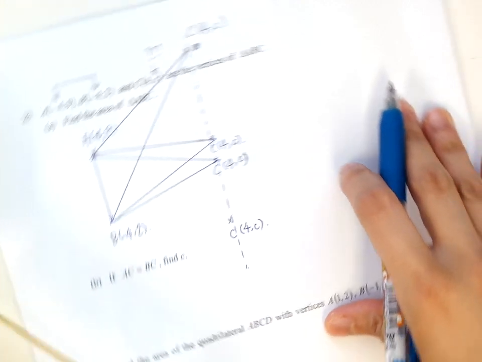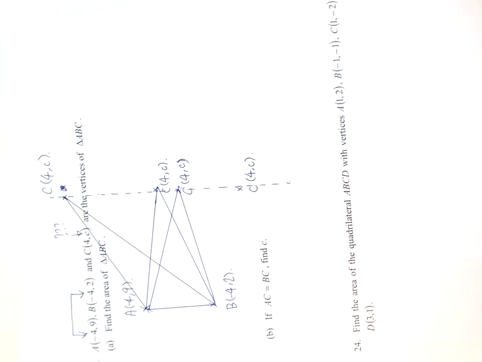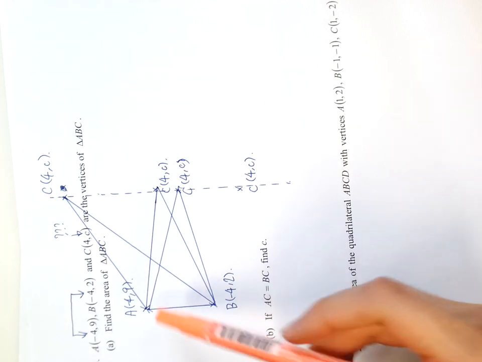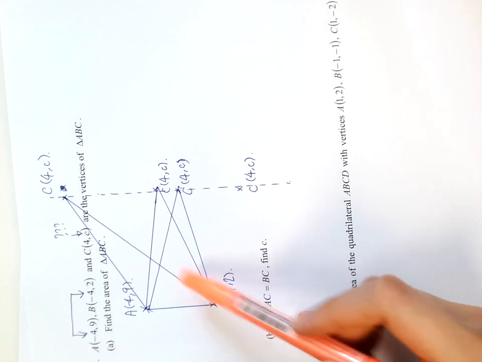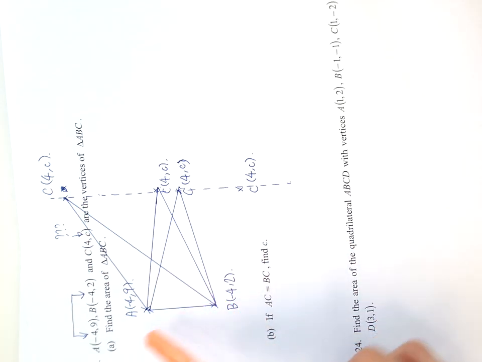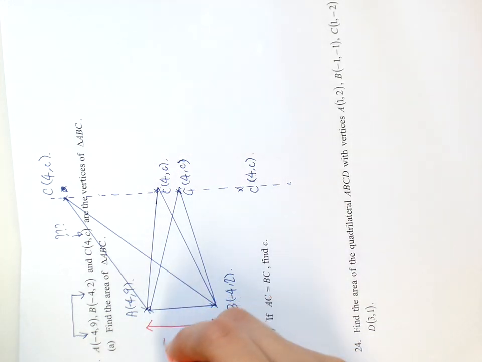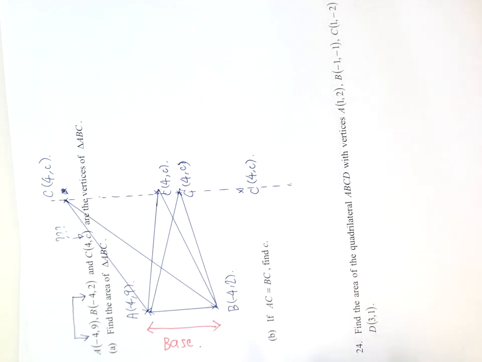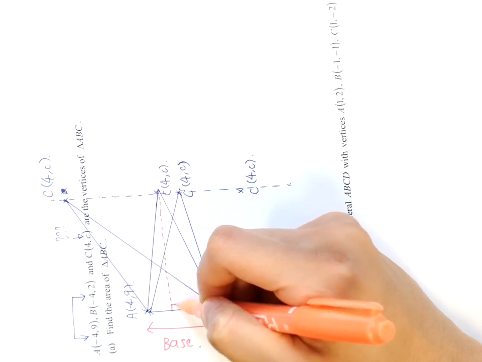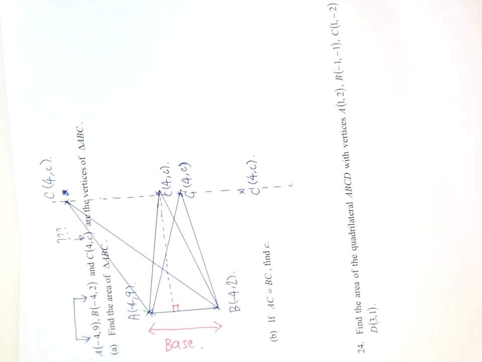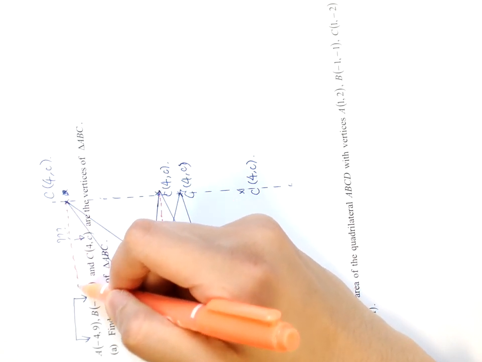Okay, let's rotate the look a little bit. I have drawn three triangles. No matter which triangle, triangle 1 or triangle 3, they share the same base. Okay, this is the base of the triangle. Although the shape of the triangle is different, if I take this as the base, the height of the triangle will be like this, the perpendicular distance, and so for this triangle.